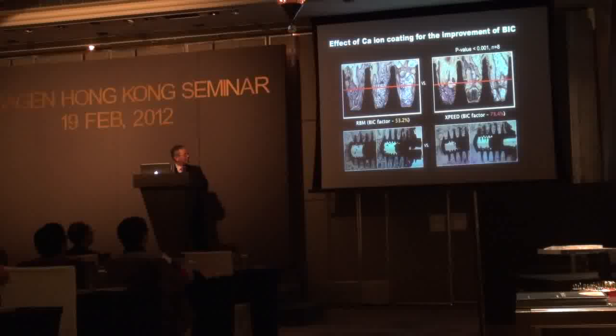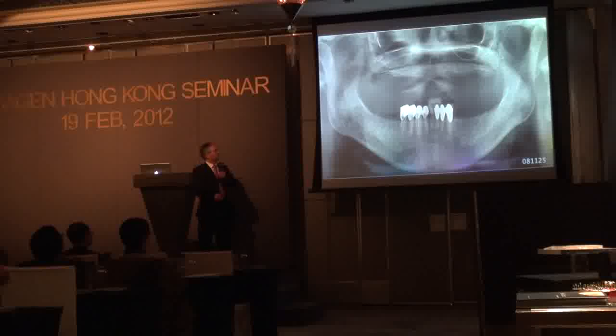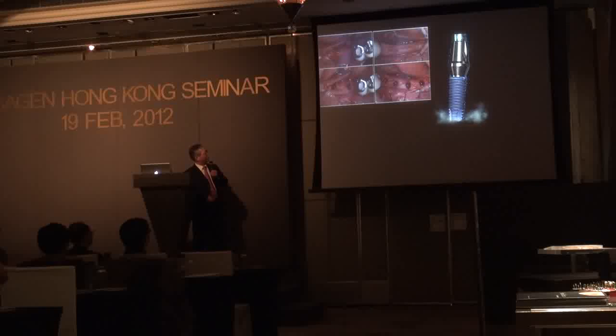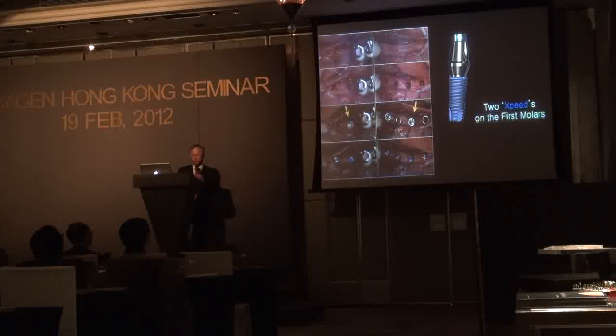On the surface, BIC was increased this much by changing the surface techniques. This is a very simple case to show you the trial of X-Speed. After the X-Speed treatment, the implant surface will change to glue. It's a glue implant.